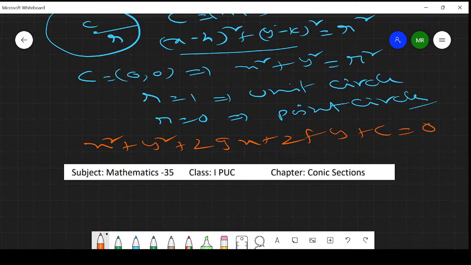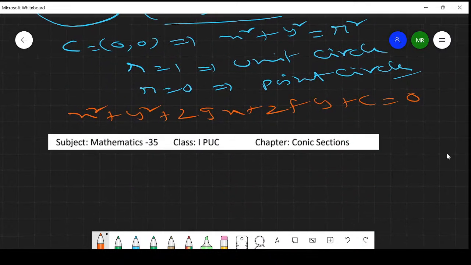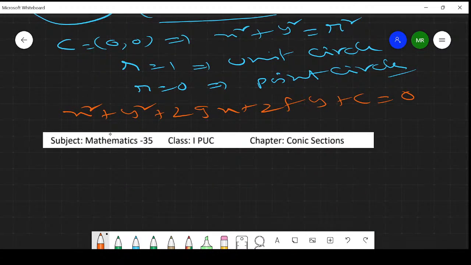In this equation, the x square coefficient is equal to the y square coefficient, and it should be 1. This is the standard equation of the circle.